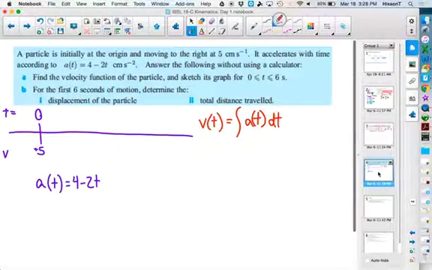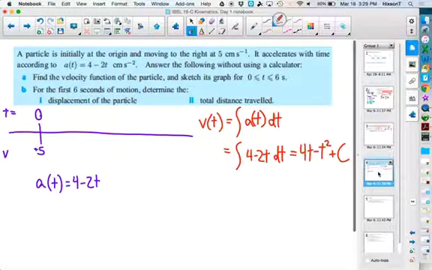So we have the integral of 4 minus 2t dt. So that would be 4t minus 2t squared over 2, so it's just minus t squared plus c. Now we haven't done this in a little while, but how do we find c?